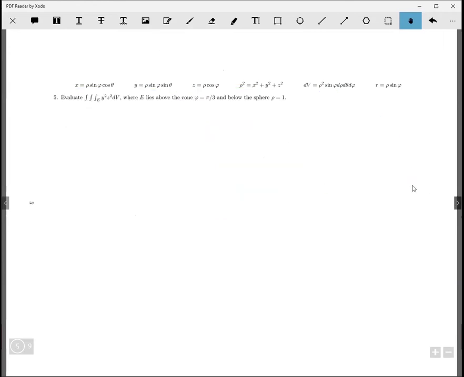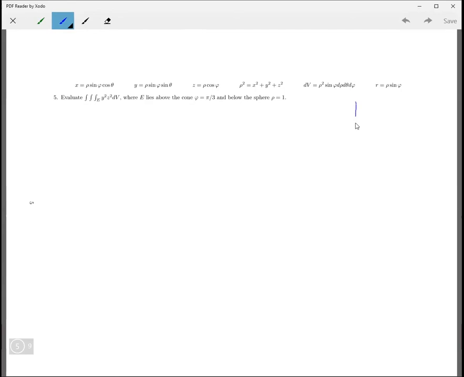Okay, so let's move on to the next problem, number 5. Evaluate this integral where E lies above the cone and below the sphere. So above the cone, phi equals pi over 3.